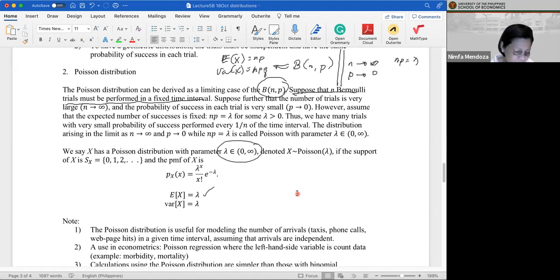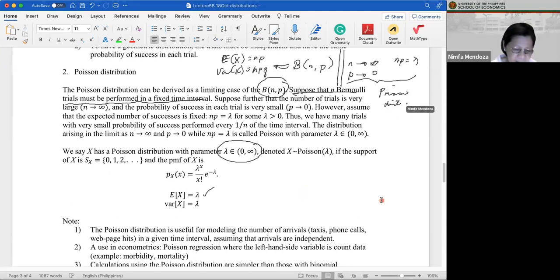Thus, we have many trials with very small probability of success performed every 1/n of the time interval. The distribution arising in the limit as n approaches infinity and p approaches 0, while np is equal to lambda, is called the Poisson distribution.